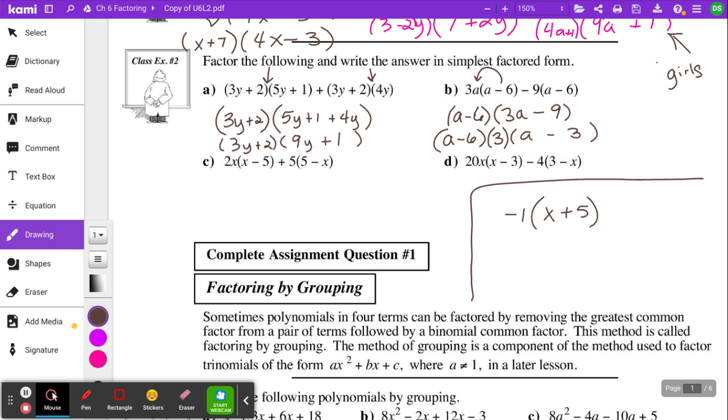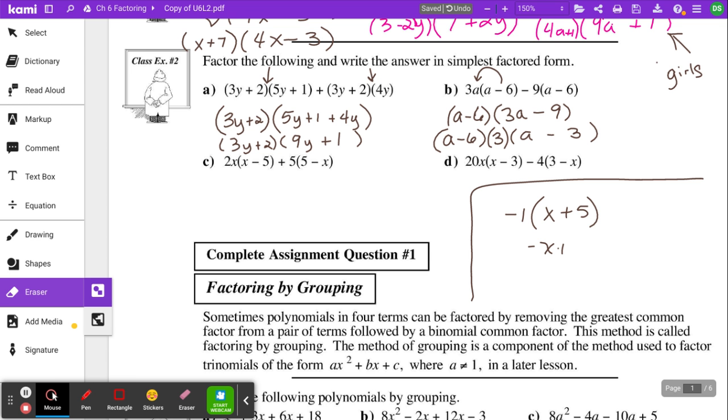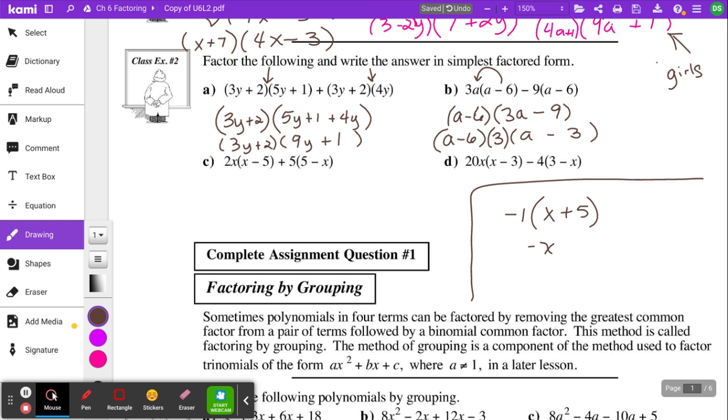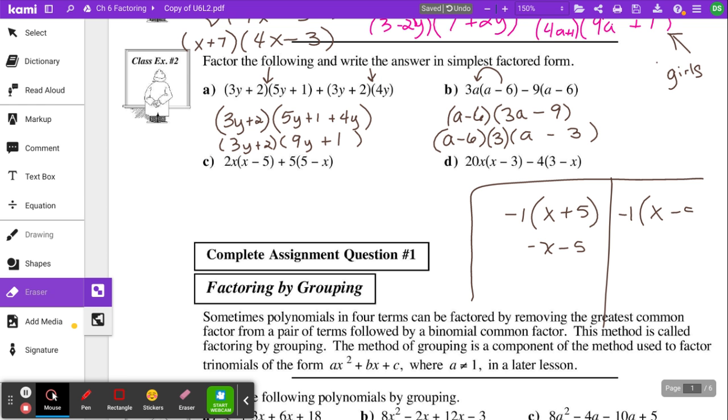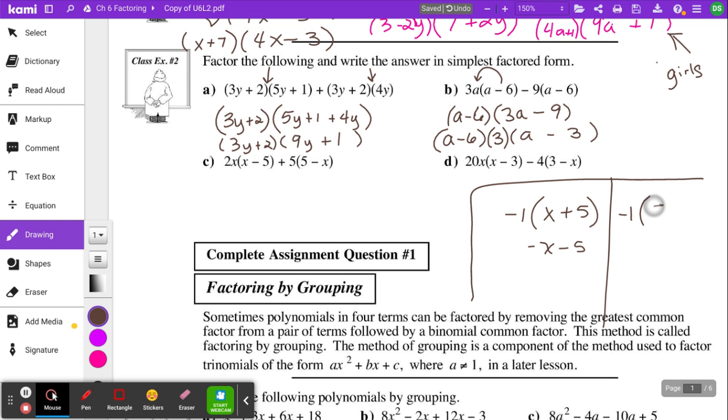What is negative 1 times x plus 5? Correct. That's not what I wanted. Hold on. What is negative 1 times 5 minus x? Negative 5 minus x.